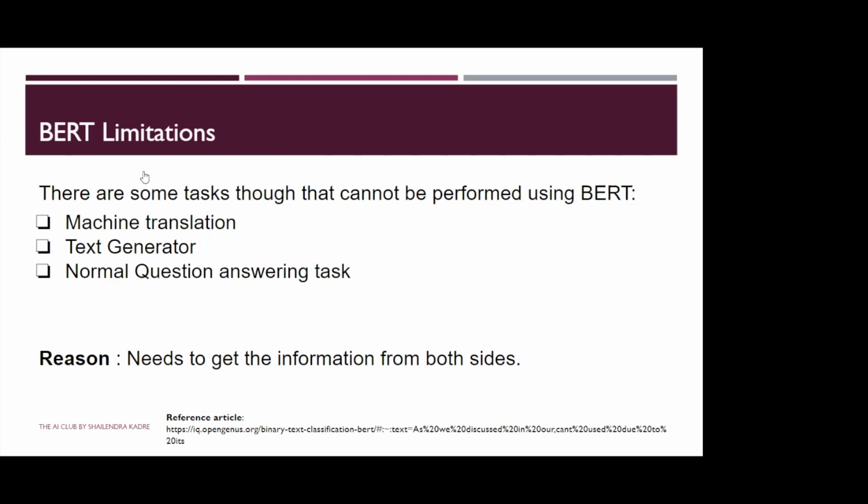The reason for these limitations is that it's a bidirectional model, since it takes input from both directions. In these cases, the same input from reverse and forward context cannot be provided. That's why BERT fails at these tasks.